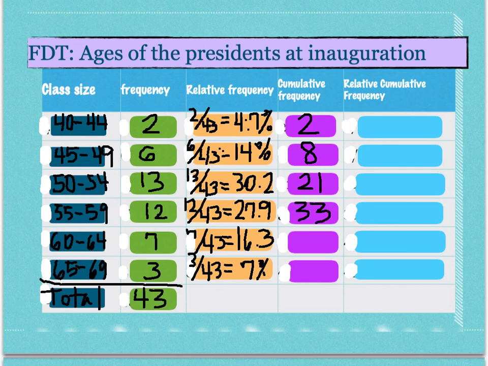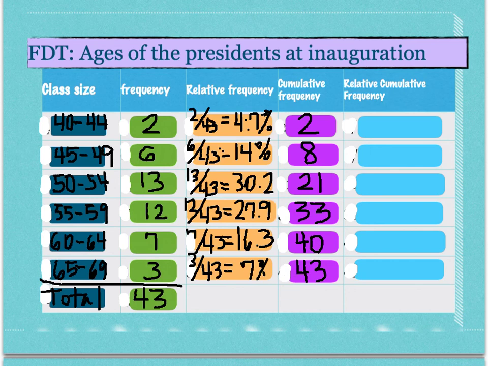Following that, you add up the 7, 12, 13, 6, and 2, and that gives us 40. And the last one is you add up all the frequencies, and that gives us 43, which, remember, is the number of data sets that we have, so it should be 43.